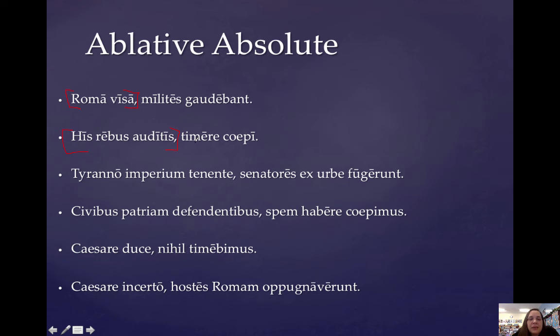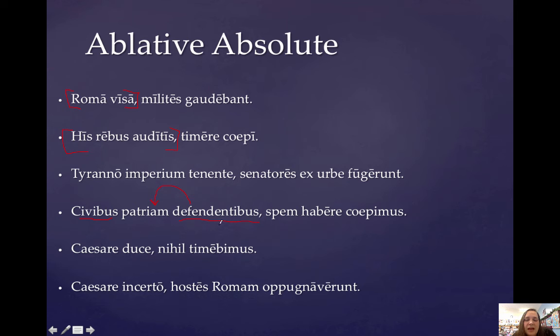The next sentence, quibus patriam defendentibus spem habere coepimus. So here we have our ablative noun, right? We have our ablative participle, and now this participle is taking a direct object, patriam, okay? And notice that it's then placed between the noun and the participle in the ablative absolute.